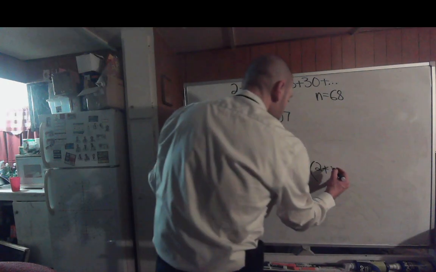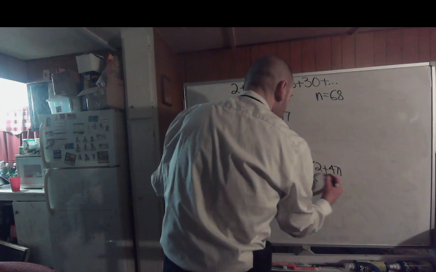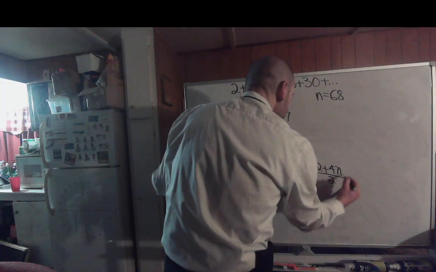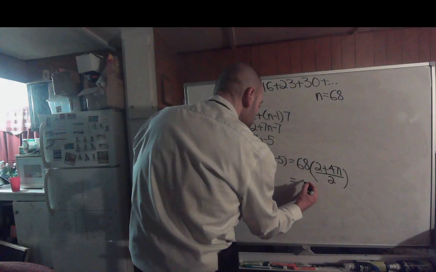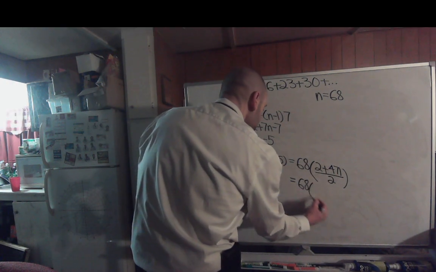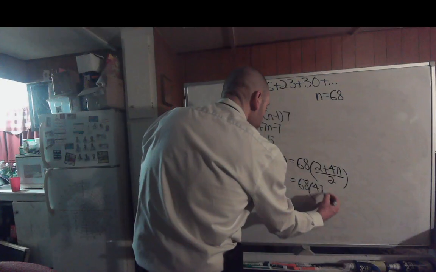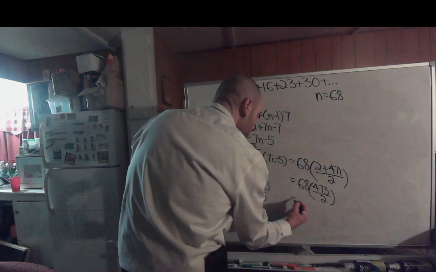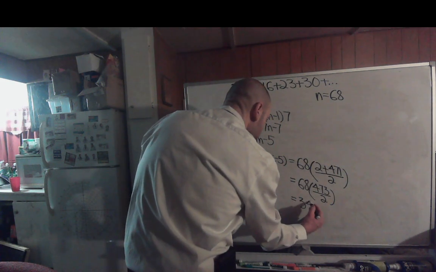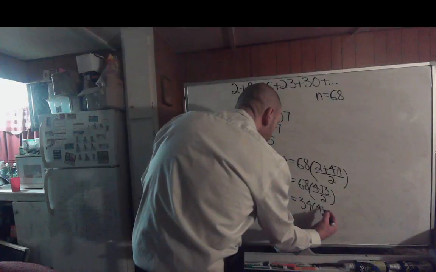So this would be 2 plus 471 divided by 2. So this will become 68 times 473 all over 2, which would turn into 34 times 473.